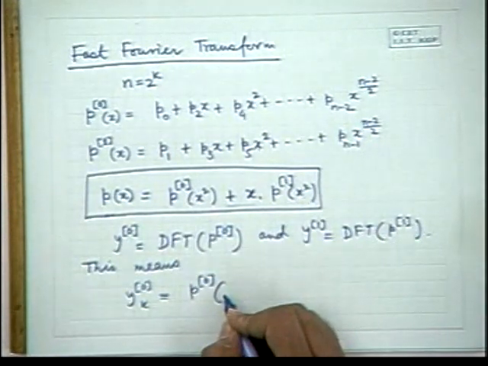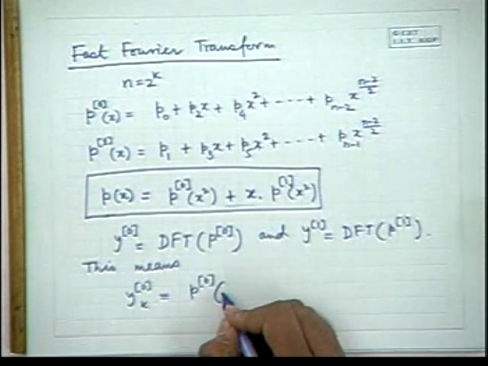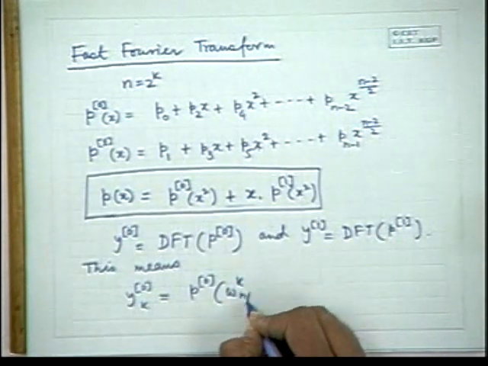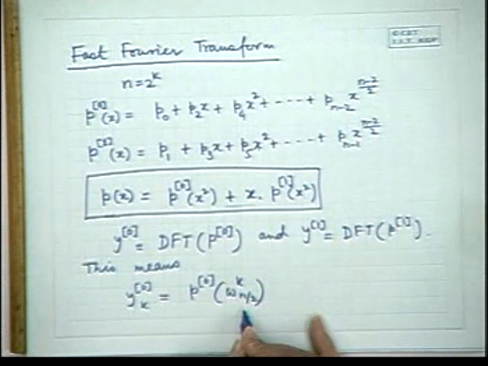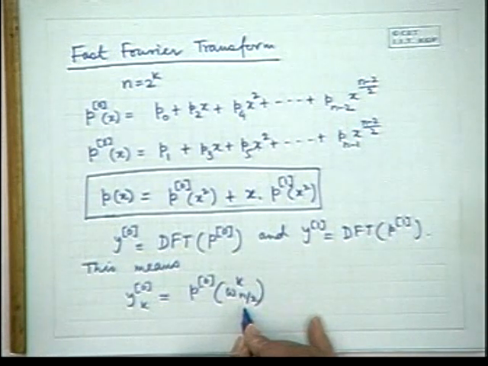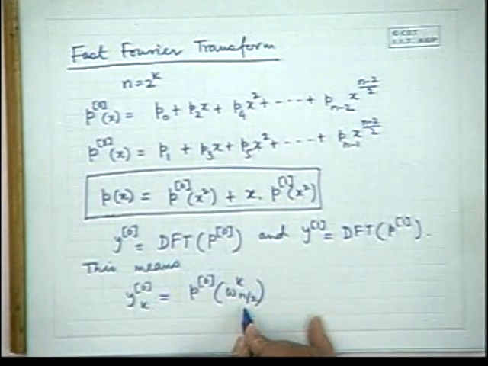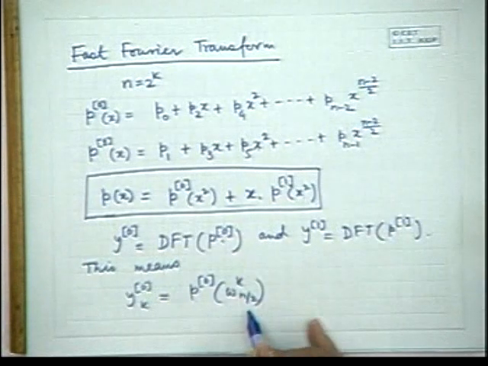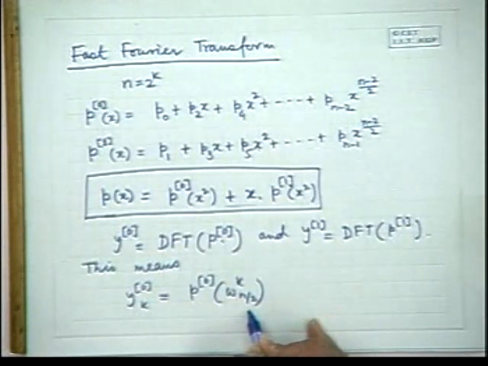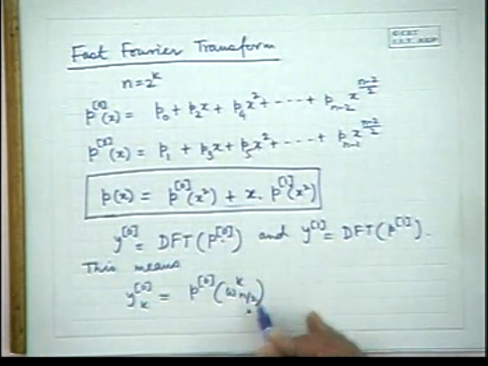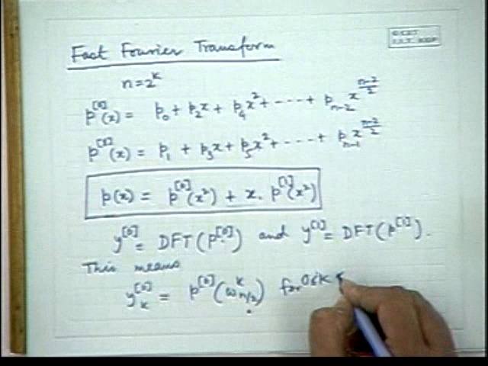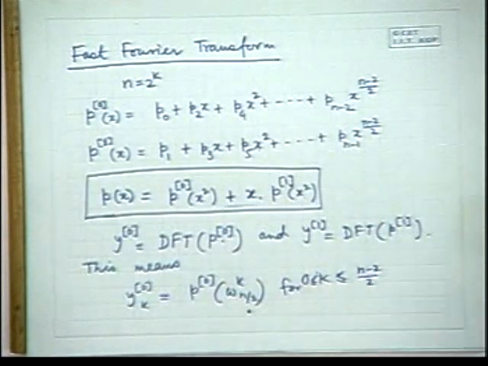You have to evaluate this function at some roots of unity, which will be nothing but w^k of n over 2 now, not n, because to evaluate a polynomial of degree n minus 1 we used n, but this time the degree is n over 2 minus 1, so you will be needing up to the n over 2th roots of unity. So this is for k going from 0 to (n minus 2) over 2.